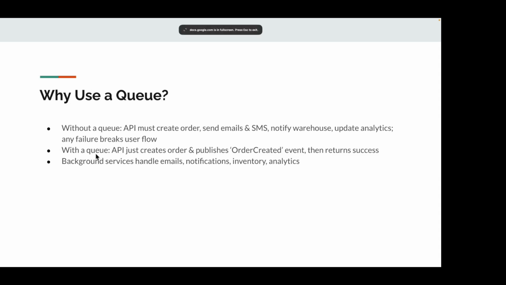Next, why use a queue and why not directly call an API? Let's say, why not directly call an API in the notification service and execute the code? Why use a queue in between to send this message? Okay, this is the question. Right now, why not call the API directly?